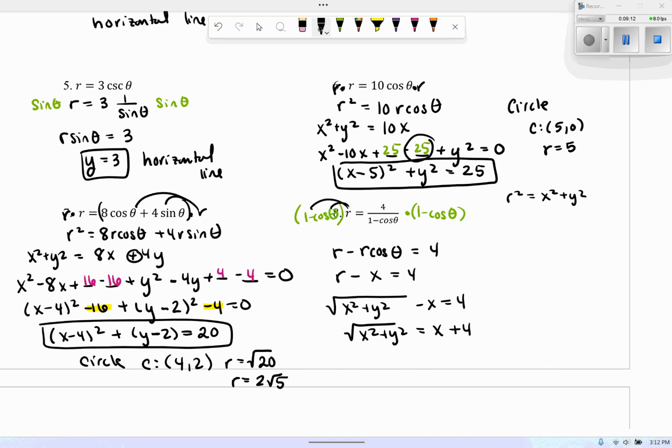The reason I did that is because I have an x squared and a y squared, but I'm taking the square root. So I'm going to get rid of this and figure out what type of equation this is going to be, by squaring both sides now.